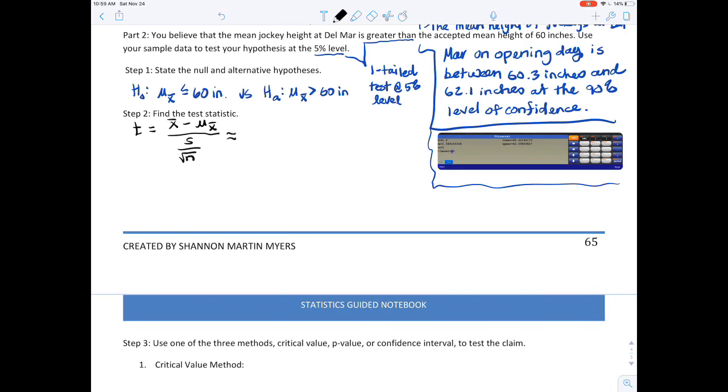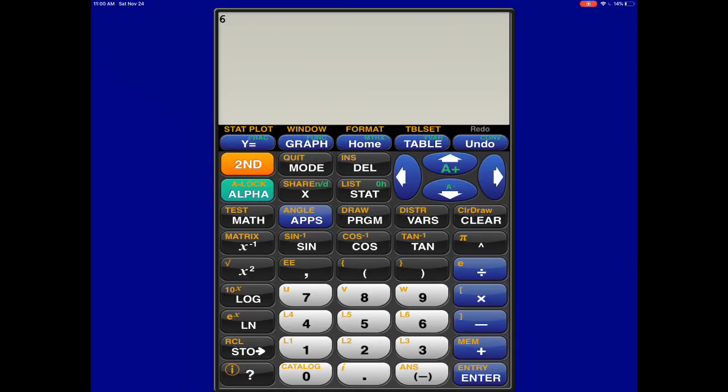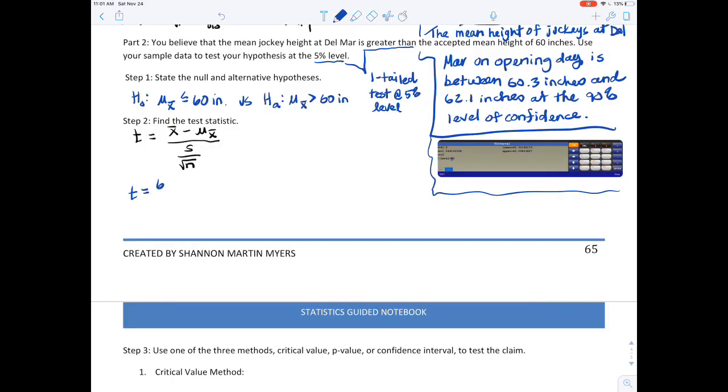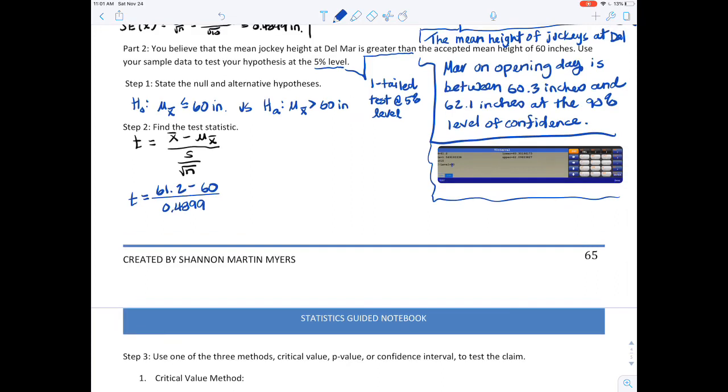And that'll give us approximately, x bar we got was 61.2, remember, minus 60, and then I divide that by s over root n, which we had found to be 0.4899, so we get approximately 2.45.